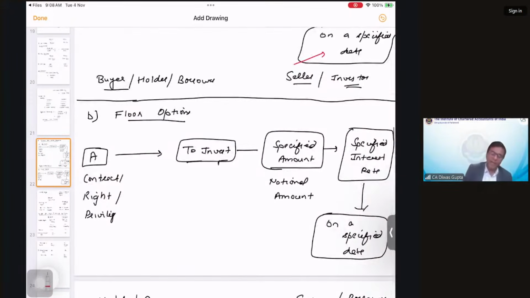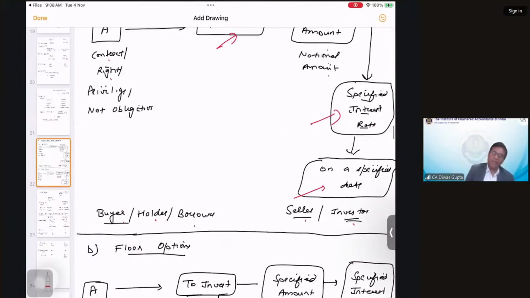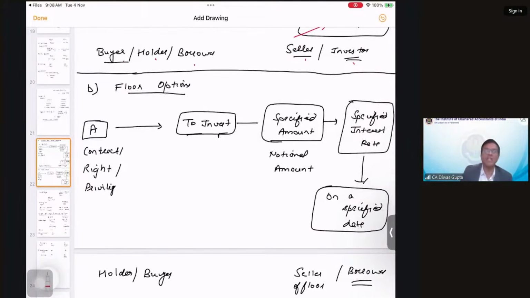Now there is the buyer, holder or borrower, and the seller or investor. Right? There are two parties to it. There will be a buyer who will be in a borrower position, and the seller of this cap option will become the investor. The second one is the floor option, students. The floor option is also a contract, or a right or a privilege, to invest.